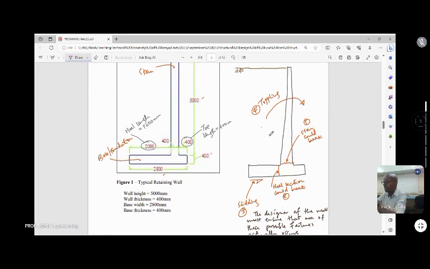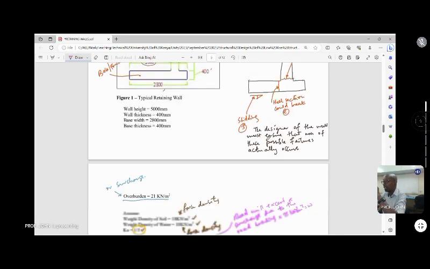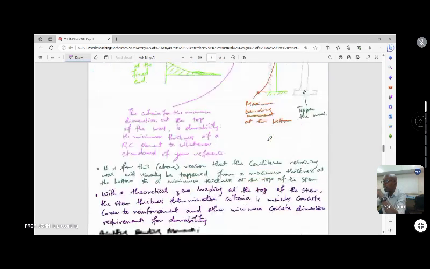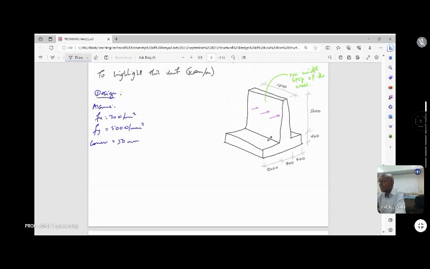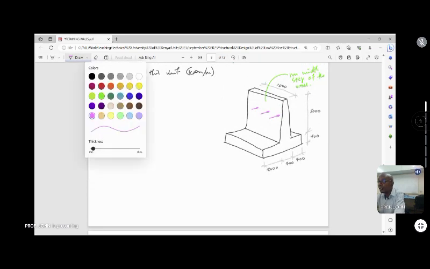So we want to check each of these very quickly, just so that you can get a feel of how we would design this wall. So we start with the first possible failure, which is the wall breaking.